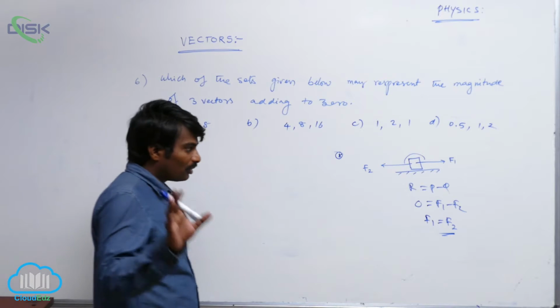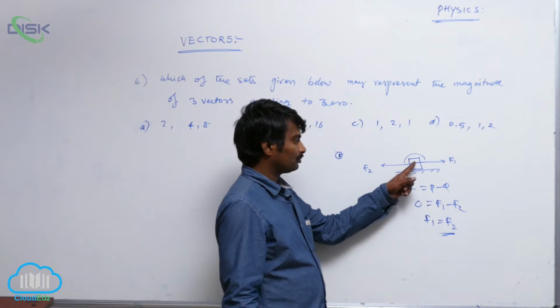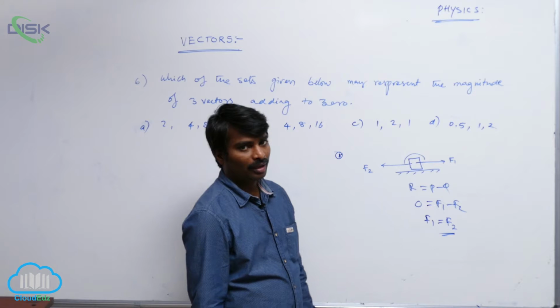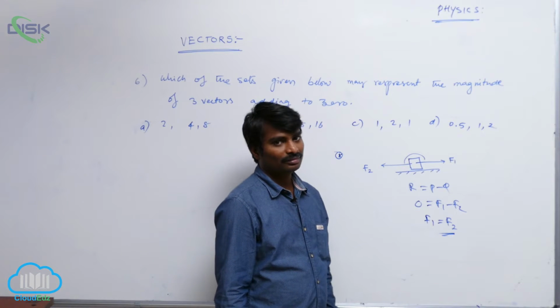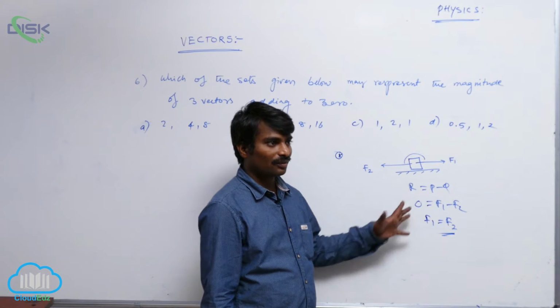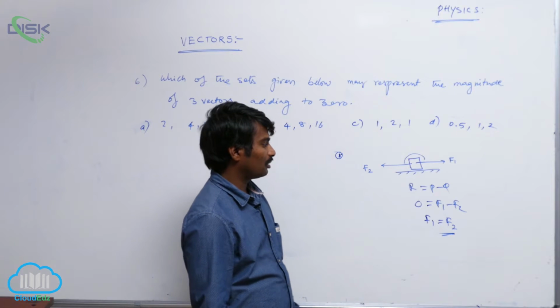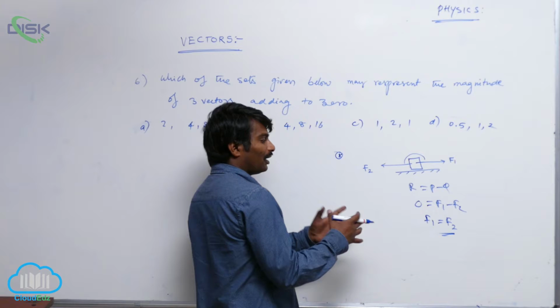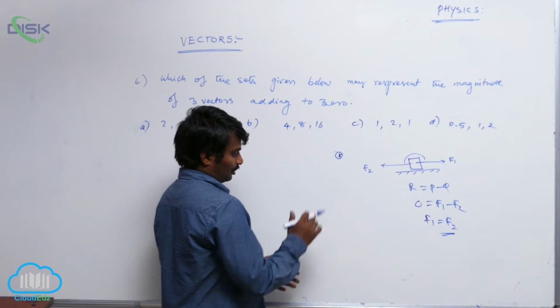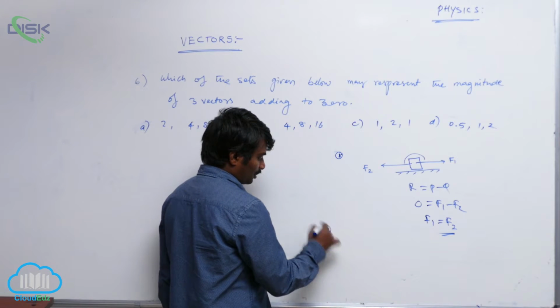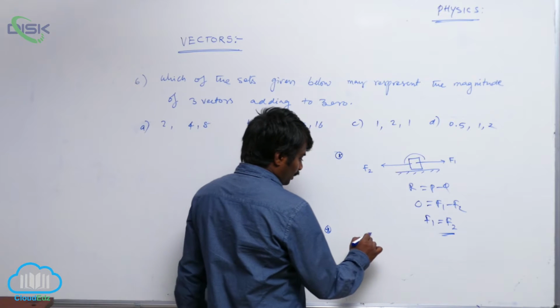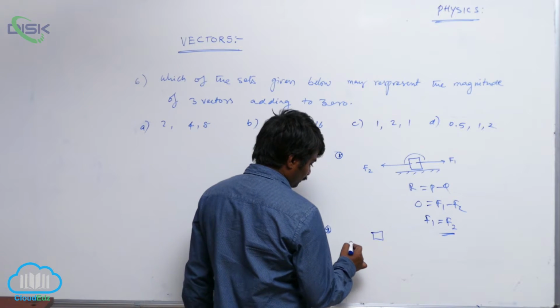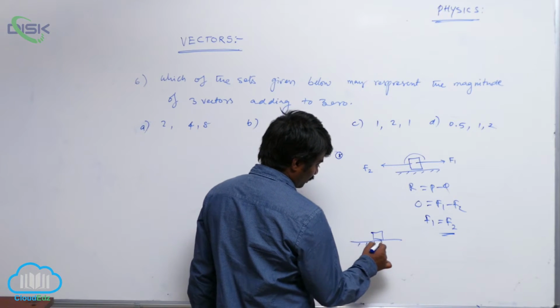That means whenever you apply two forces on the body in opposite directions and their magnitudes are equal, then you can keep this object at rest. So the two forces add up to get 0 value. Now let us go for three forces. The object at rest on the smooth surface.